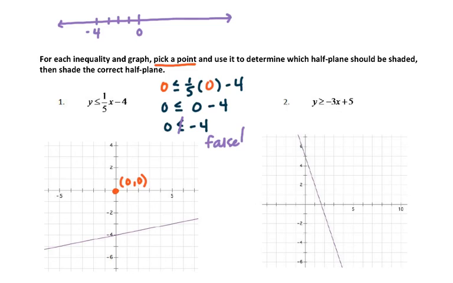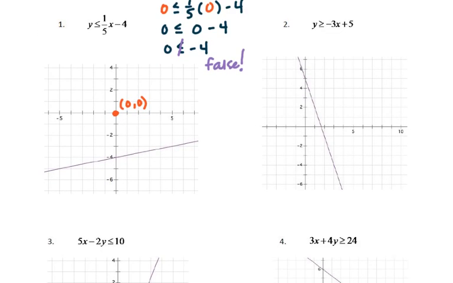When that's the case, when we plug in a point, we do not want to shade the region that point's in. Right now, that region lies above my line of 1/5 x minus 4. You can see here it starts at negative 4 and then goes up 1, right 5. That doesn't give me a true statement, so I'm not going to include this point or anything else in this region as part of my solution.